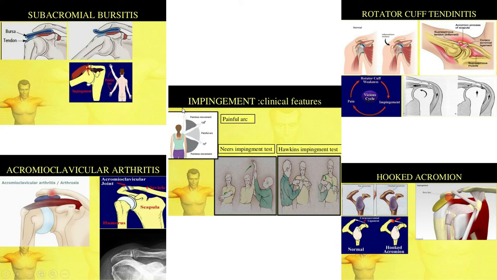This is called painful arc syndrome. This is most commonly found in impingement syndrome, and that will subside within 9 to 6 months automatically. And if the patient cannot hold the arm in abduction, this can cause a rotator cuff tear or tendonitis also. So this is the total about this.